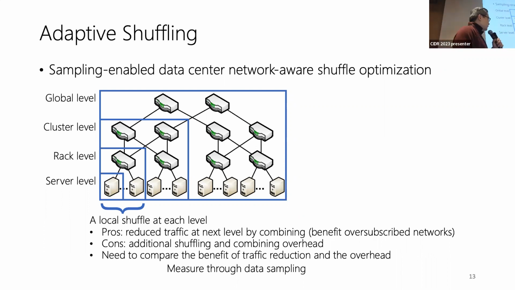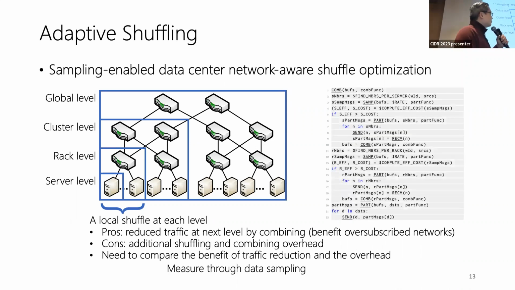This is where the sampling approach of TeShu comes into play, where you could sample the data distribution at runtime and then make informed decisions on whether to do this combination. In fact, in our paper, you can look at this adaptive shuffling template, and it could be written in a couple of lines of code.